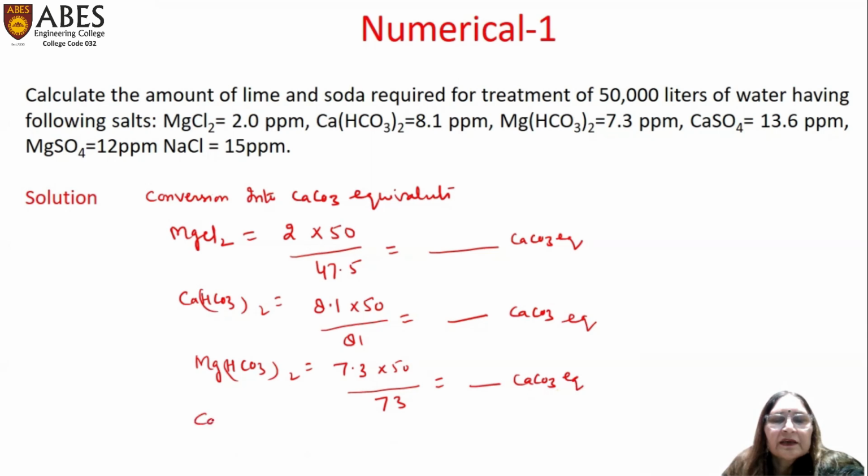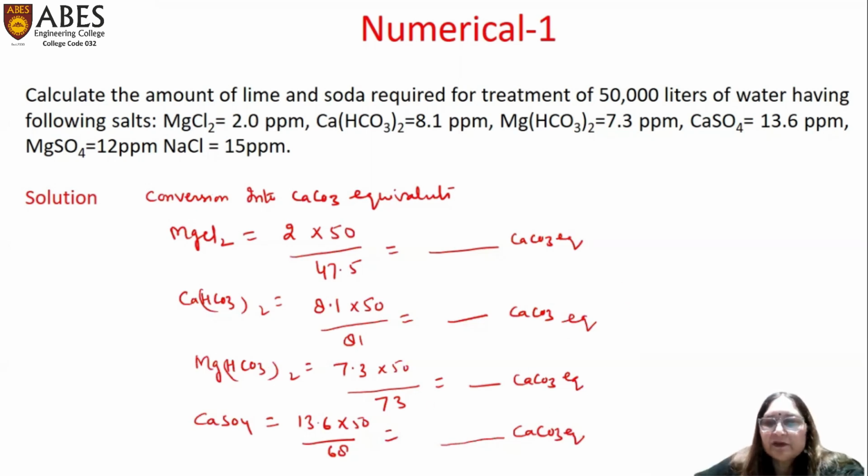Similarly, calcium sulfate: the amount is 13.6 into 50 divided by 68, the equivalent weight of calcium sulfate, converted into calcium carbonate equivalent.